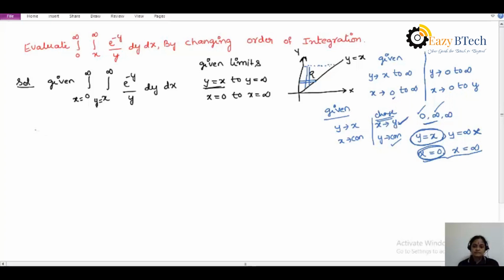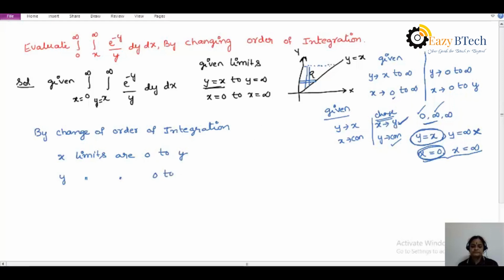Now substituting the limits by change of order of integration. I am writing the limits: x limits are 0 to y and y limits are 0 to infinity.